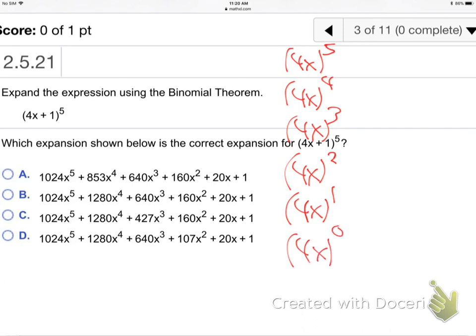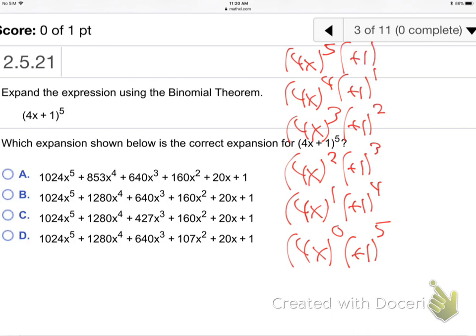Is that good? 5, 4, 3, 2, 1, 0. And then backwards, you start with the plus 1, and you go 5, 4, 3, 2, 1, 0. Everybody good with that so far? So just first term, second term, and now do the choose thing in the front.